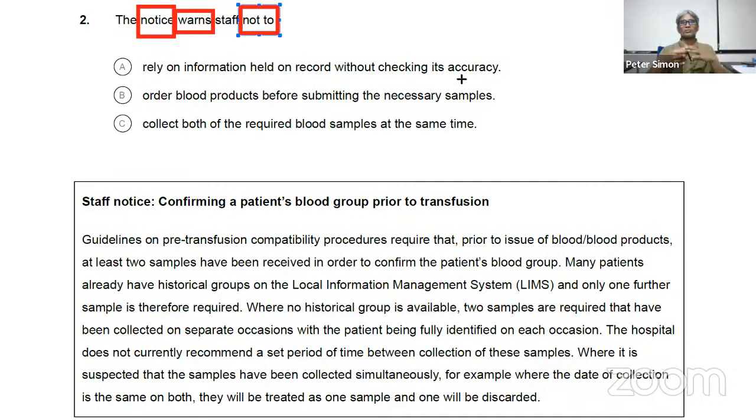Now here, both. Now let us see. The notice wants the staff not to collect. This word collect is here. Try to understand here.